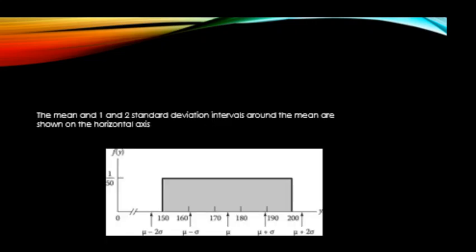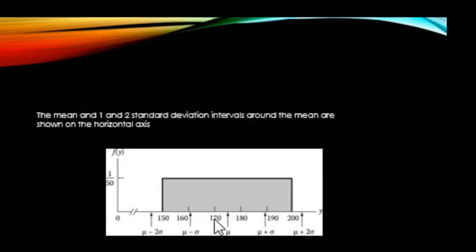Okay, so let's look at what the distribution will look like. The probability density function f of y is 1 over 50, for y from 150 to 200. Because it's a uniform distribution, it will just look like a rectangle with a height of 1 over 50, and the width is 200 minus 150, so 50 is the width.